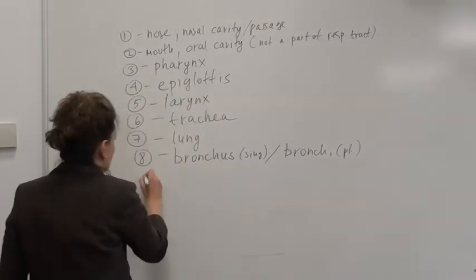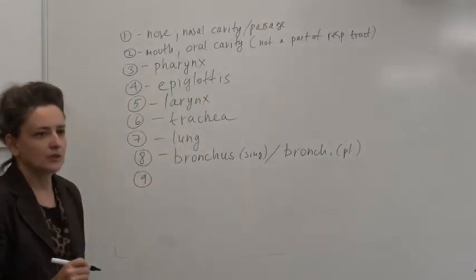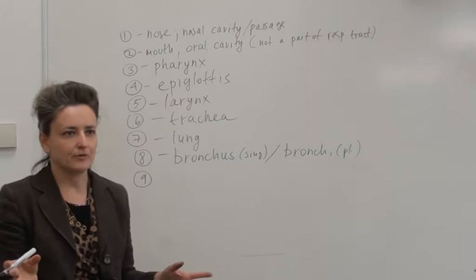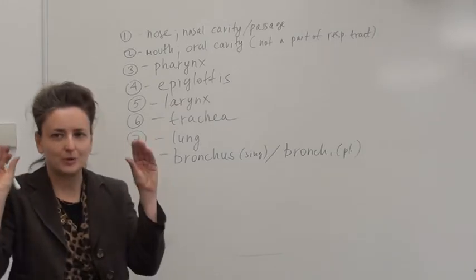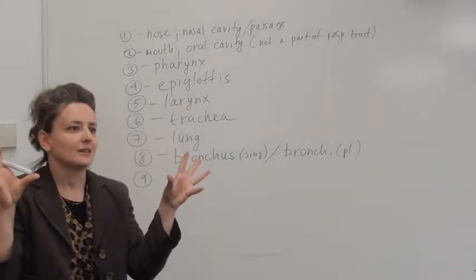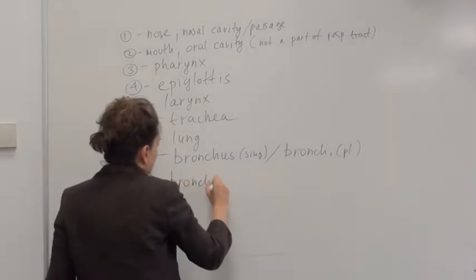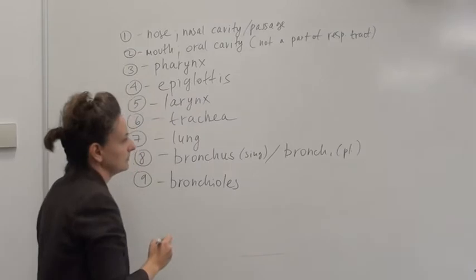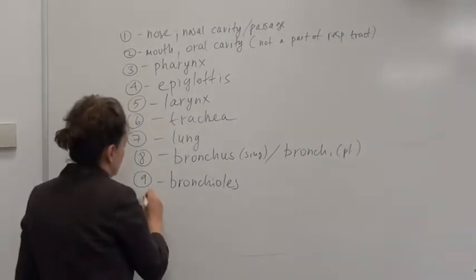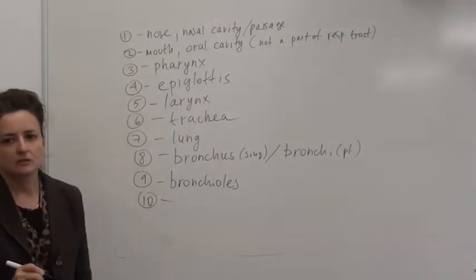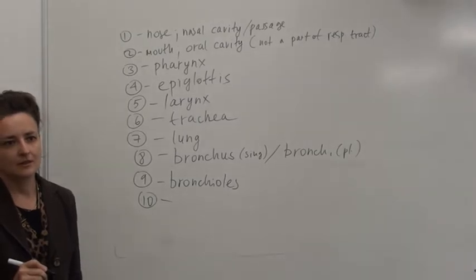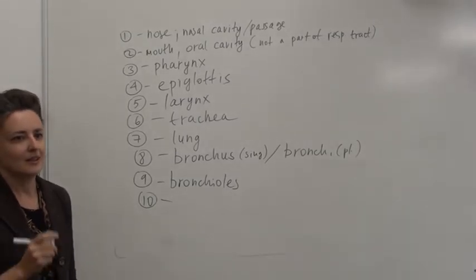Right, number 9. Bronchus then branches into smaller things. Bronchioles. And then number 10, the alveoli.